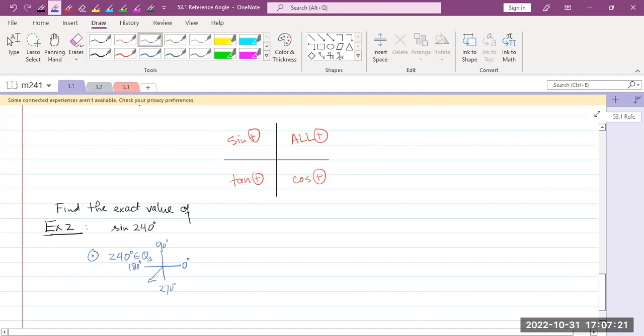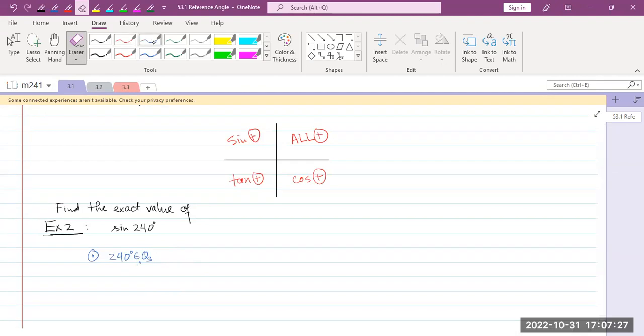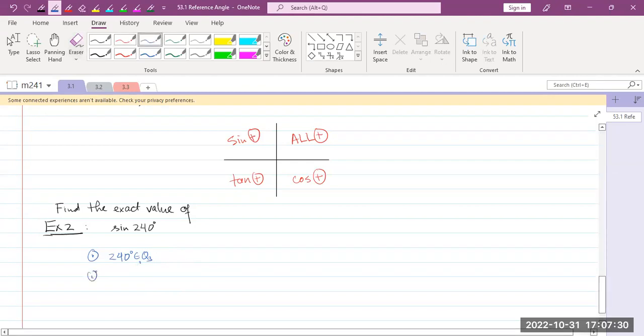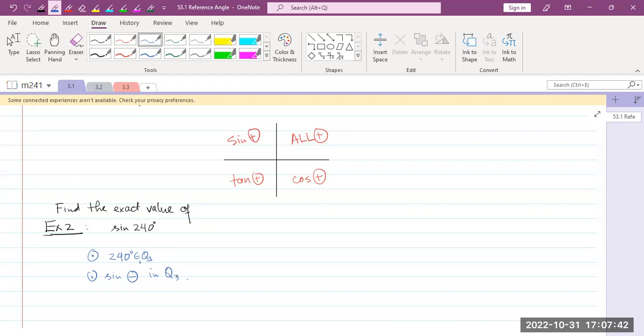Is it okay? So 240 is in quadrant 3, and then sine is negative in quadrant 3.